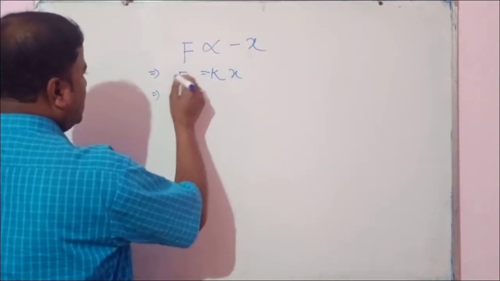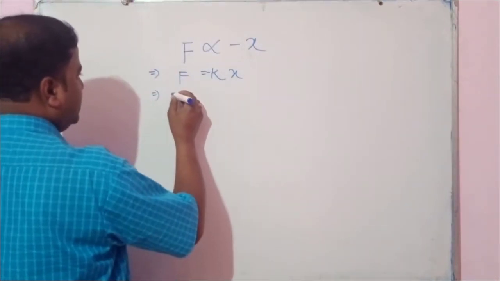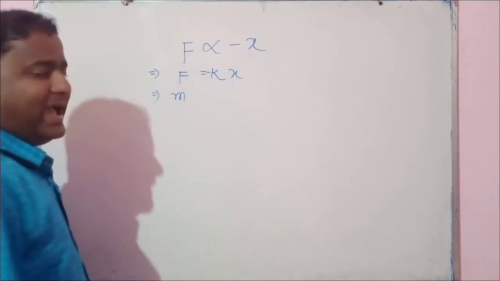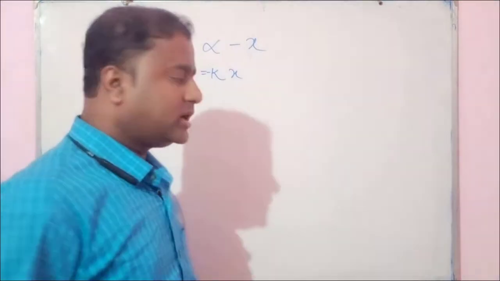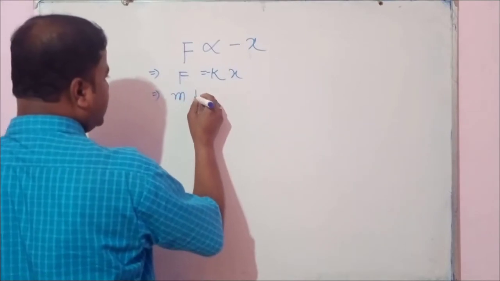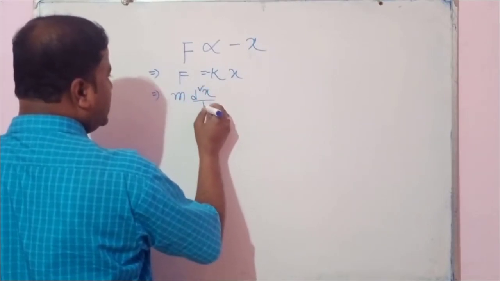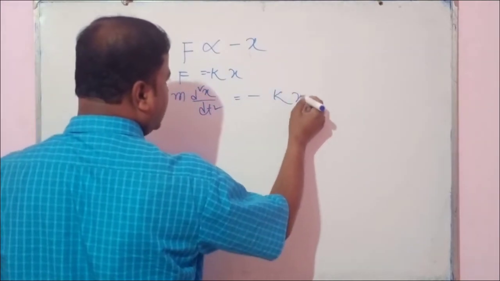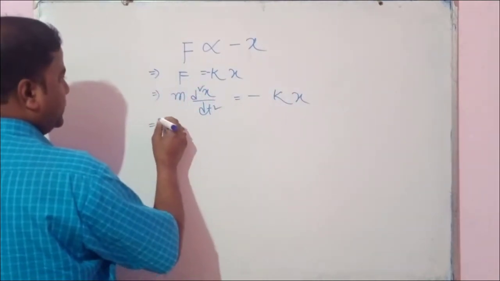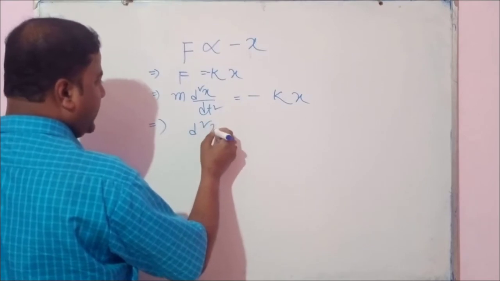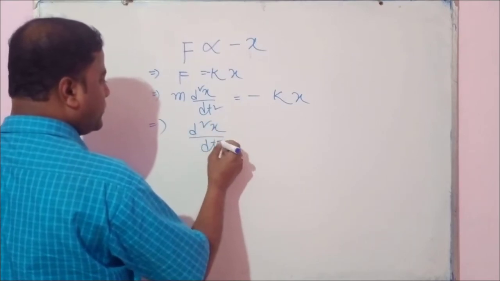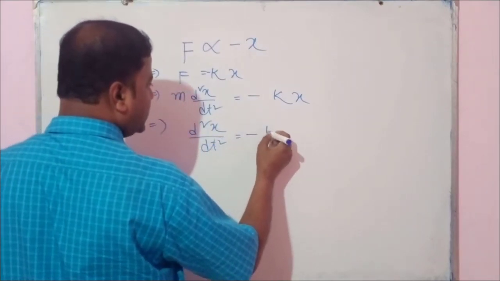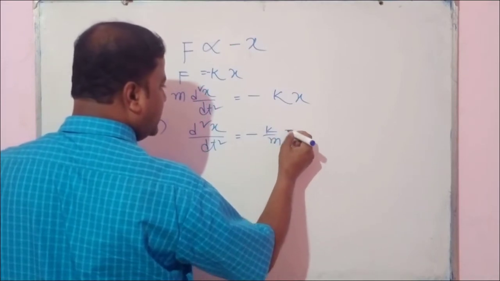And we know from the equation of motion F equal to mass into acceleration, and in differential calculus the acceleration is written as d2x by dt2 equal to minus kx. From this we can write d square x by dt square equal to minus k by m into x.